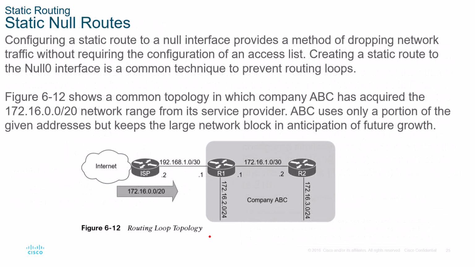Static null routes. Configuring a static null route on a specific interface provides a method for dropping network traffic without requiring the configuration of an ACL. Basically, creating a static route to null 0 is a common technique to prevent routing loops. So, what does this look like?